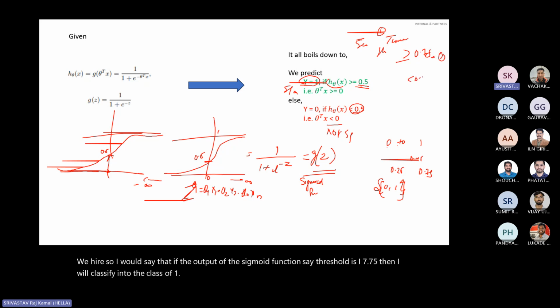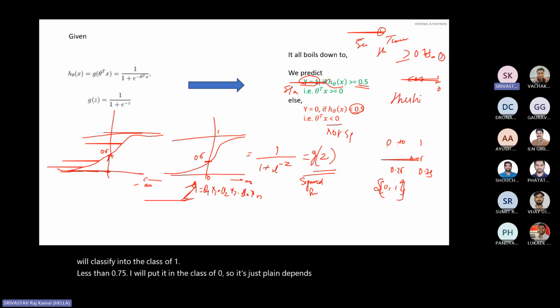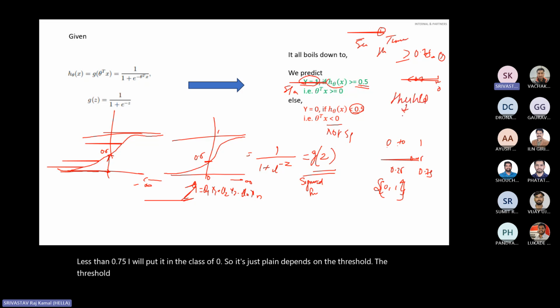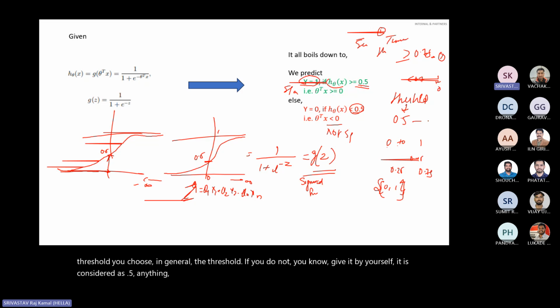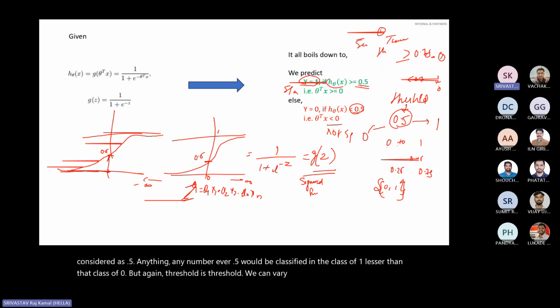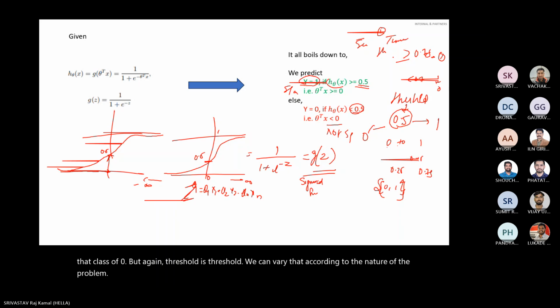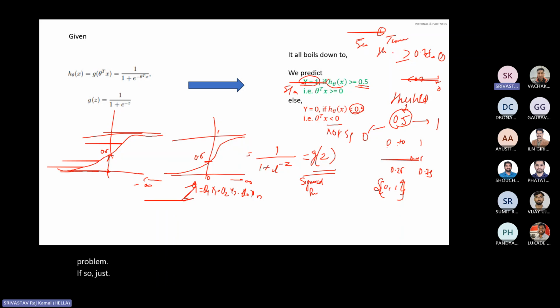Less than 0.75, I will put it in class 0. It plainly depends on the threshold you choose. In general, if you do not give it yourself, the threshold is considered 0.5. Any number above 0.5 would be classified into class 1, lesser than that, class 0. But again, the threshold can be varied according to the nature of the problem, when predicting whether the patient has a tumor and we want to be precise.